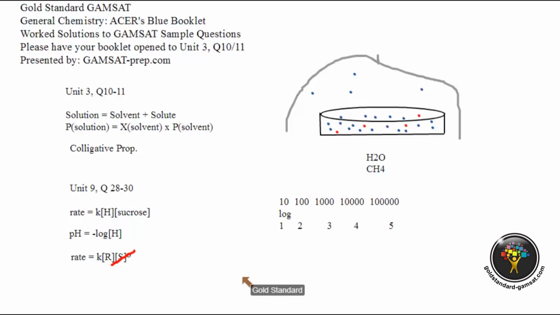Now, just talking generally speaking, what is the order of the reaction of answer choice C? Right, it would be a second order reaction because the exponent is 2. Now, what is the order of the overall reaction of answer choice D?